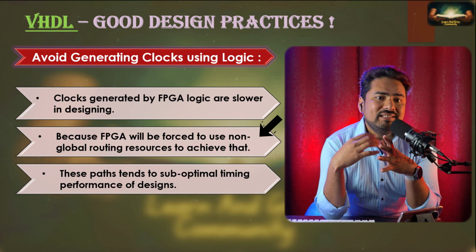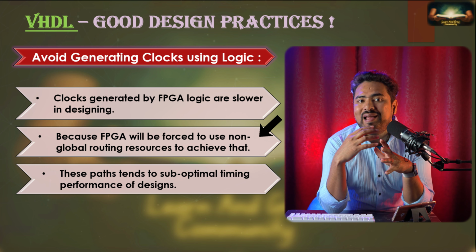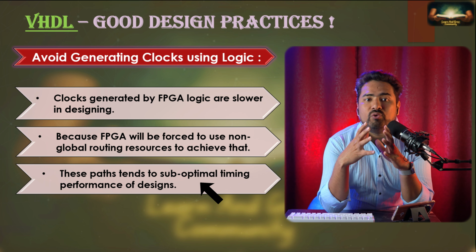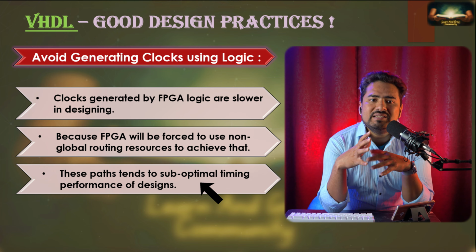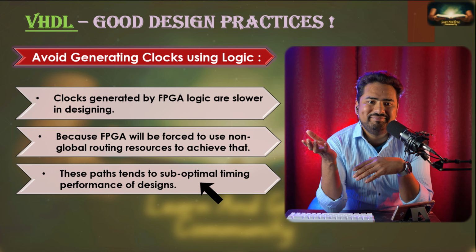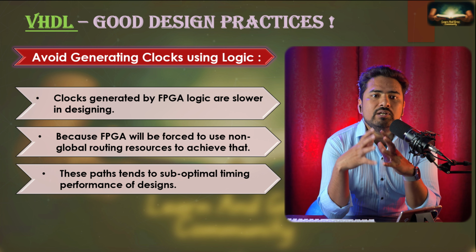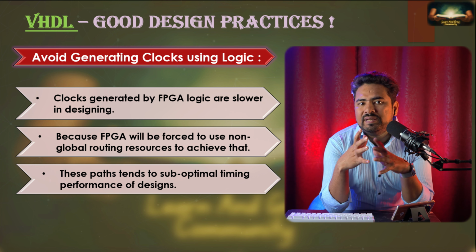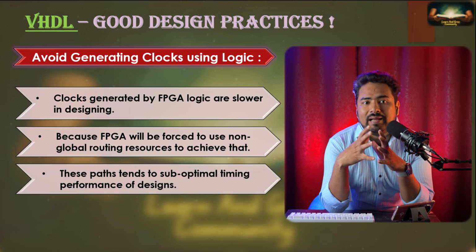Remember that the synthesizer can place this flip-flop in any location inside the FPGA. So delay can be different for each combination, meaning delay can be different from one FPGA to another FPGA. Also, these delays are affected by the given voltage and temperature, meaning it can have environmental impact as well.